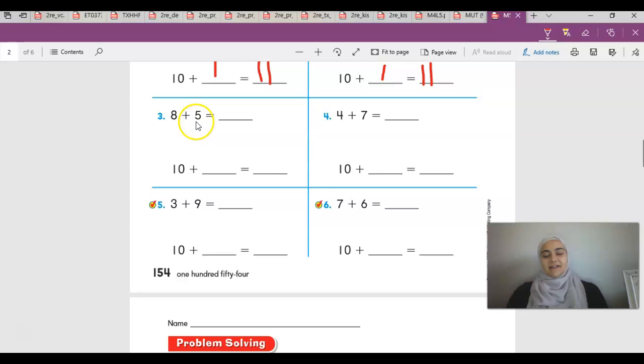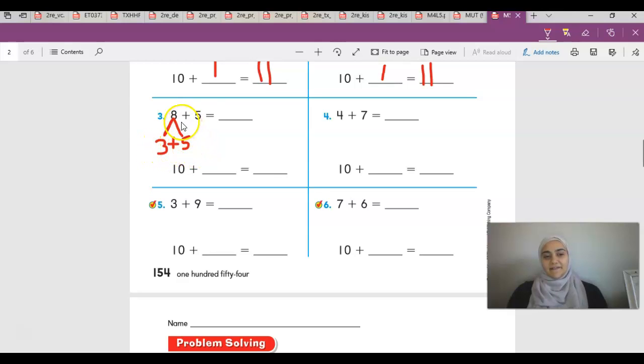All right, so here we're going to try to make a 10. So 5 plus what is 10? 5 plus 5 is 10. So I'm going to draw my little triangle. And then on the bottom here, I'm going to write 5, and I know 5 more is 10. And then 5 plus what is 8? 5, 6, 7, 8, 3.